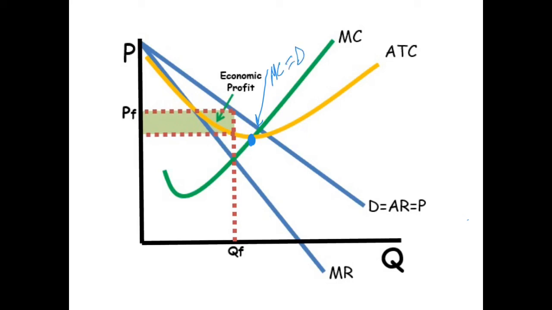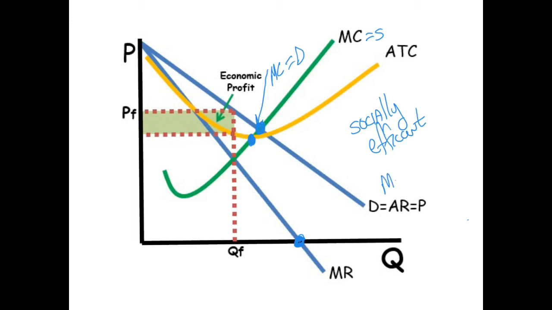Where marginal cost equals demand is also where supply equals demand, and that represents the socially efficient point, where if we asked you for the socially efficient price and quantity, it would be determined by that point. The other area that we will need to address is the point where marginal revenue equals zero.